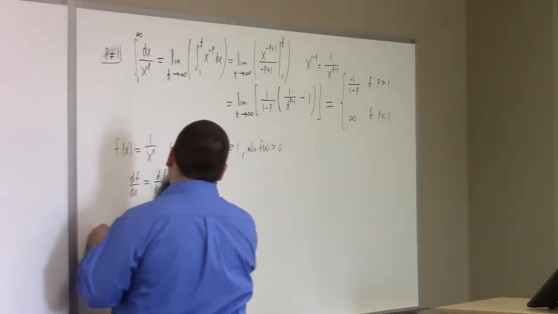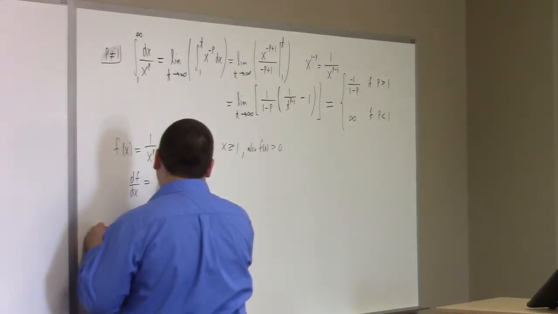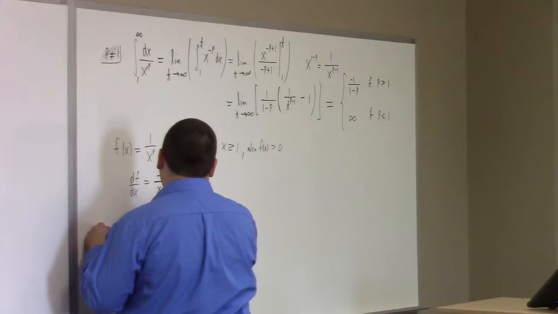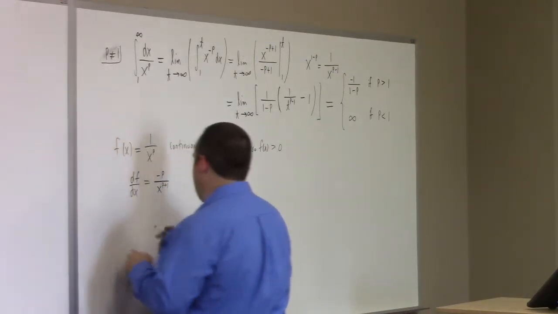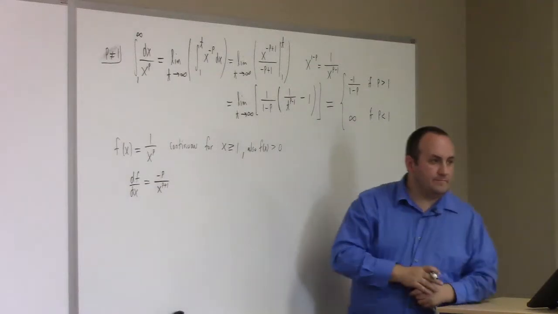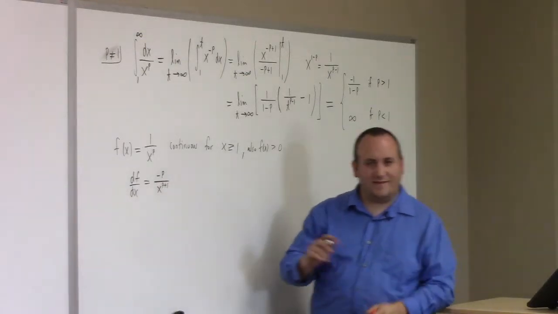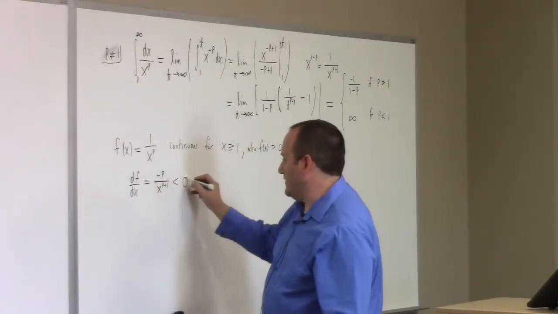Differentiation right here: minus p over x to the p plus 1. That's the derivative. And that's going to be less than 0, provided what?